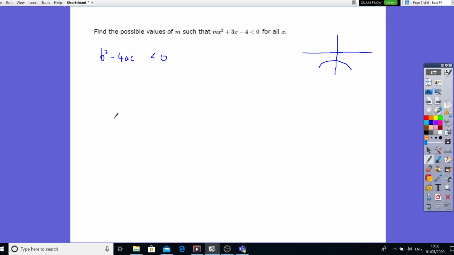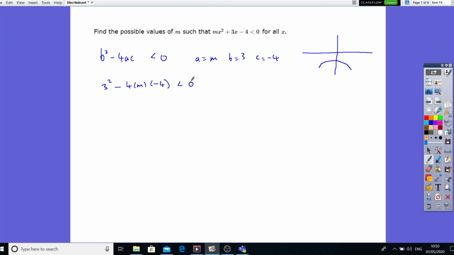Okay, so let's start straight away. First of all, a equals m, b equals 3, and c equals -4. If we put this into our equation, we get 3 squared minus 4 times a, which is m, and c, which is -4.